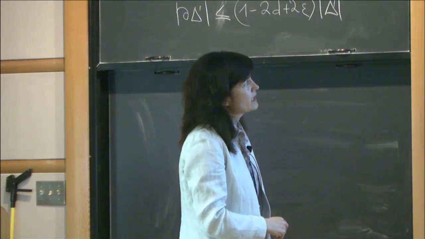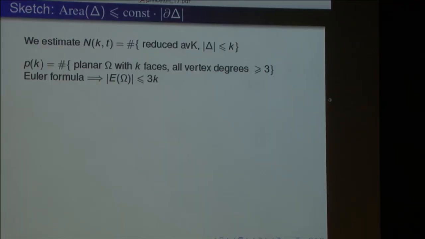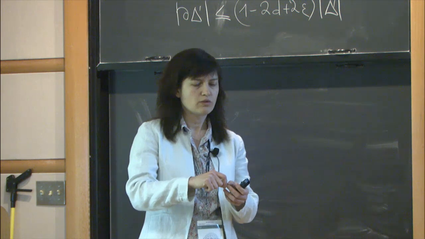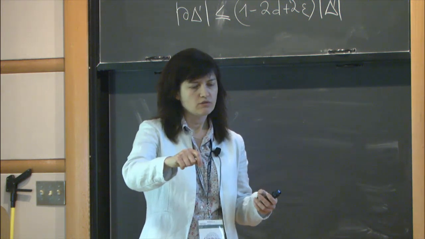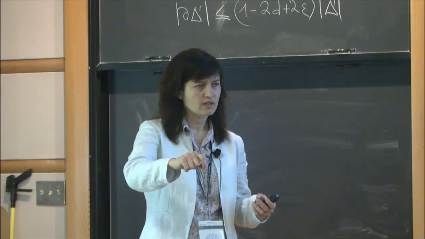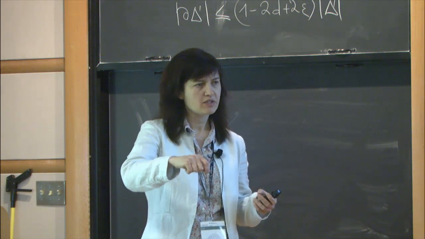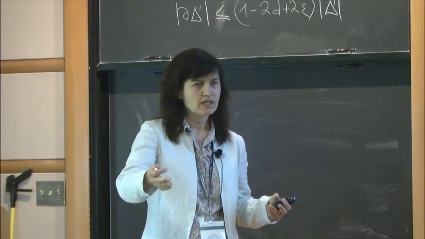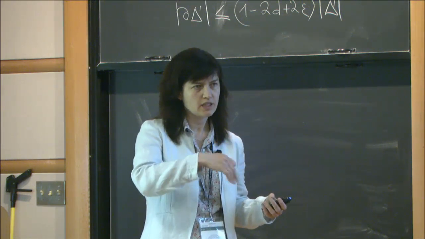What I would like to explain now is this implication. The Euler formula implies that the number of edges is at most 3k. If it is obvious for everybody, I will not do it. But is it okay? Just use the Euler formula and the fact that when you count edges, 2 times the number of edges is less or equal to 3 times the number of vertices, because every vertex has degree at least 3.